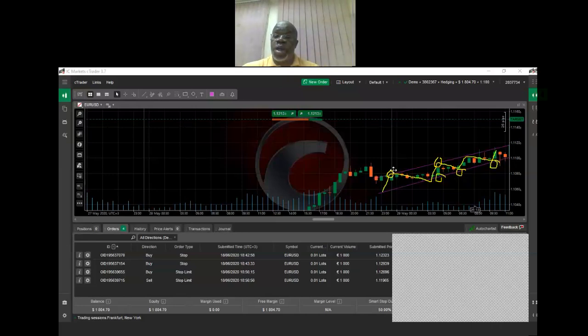So then you plan. At that point, you can draw a trend line, averagely 20 pips above that line. Okay, so you use your measuring tool, you measure 20 pips.